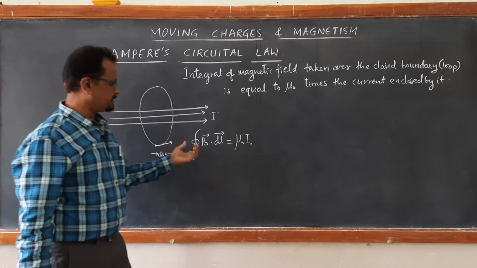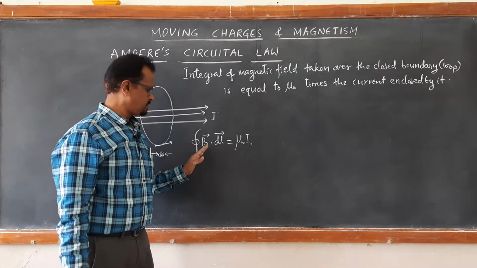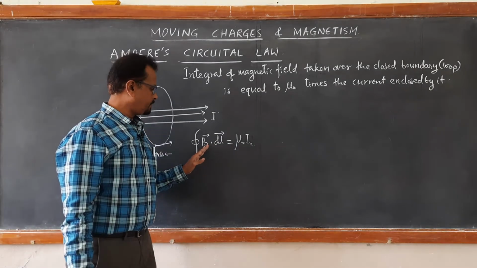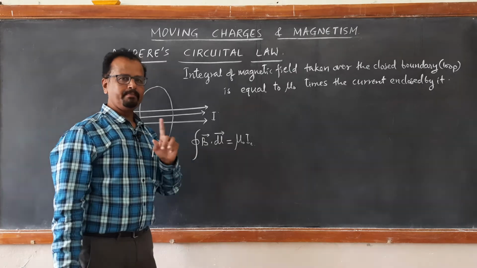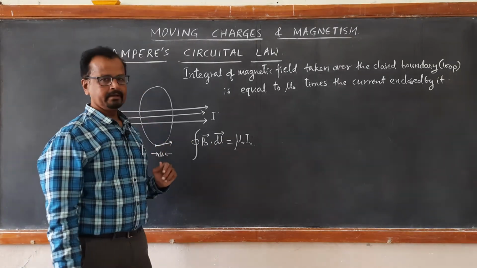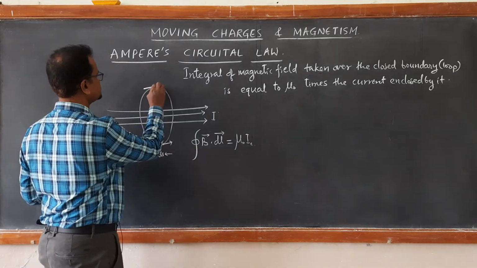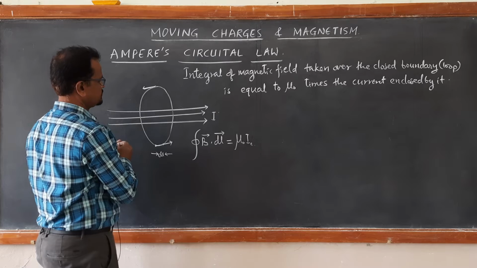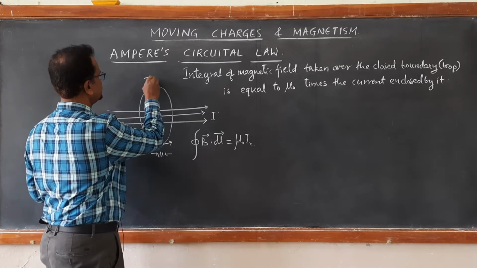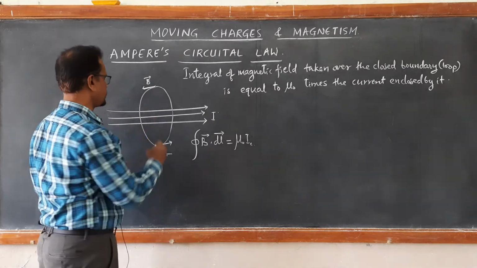Now, when the magnetic field is tangential, then B dot dl, it is a B vector dot dl vector. It means B dot dl is equal to B dl cos theta, where theta is the angle between dl and B. If the magnetic field is tangential everywhere, then B dot dl gives you B dl cos 0, and cos 0 is 1.